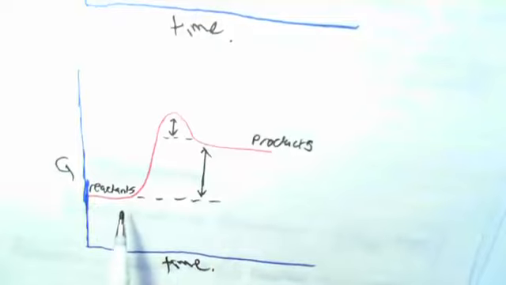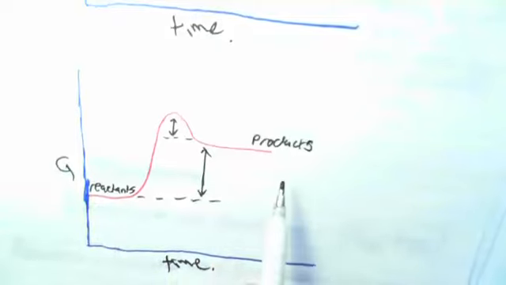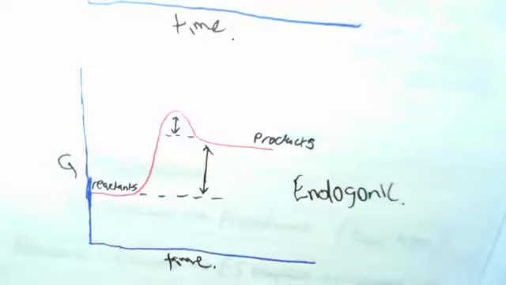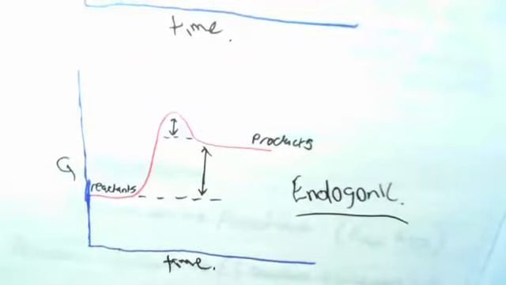So work is actually required to change our reactants into products. The system is absorbing energy. It is having work done upon it. So we call this endergonic. This is where the system, during the chemical reaction, is absorbing energy.